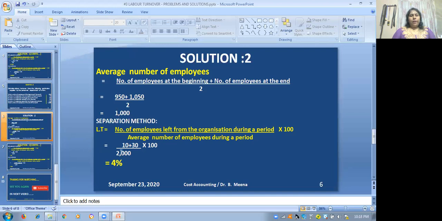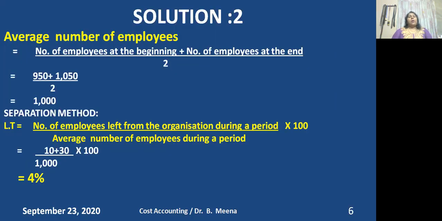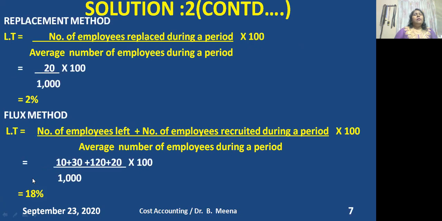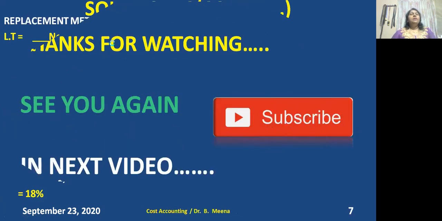This is 1000 only. So I correct the mistake. So 10 plus 30 is the total number of employees who left the organization. So 40 of them left, divided by the average we got, 1000. So 40 by 1000, the whole multiplied by 100, I'll get 4%. Then I'll move on to the next method, the replacement method.